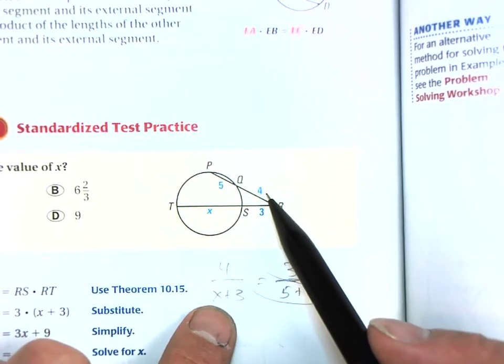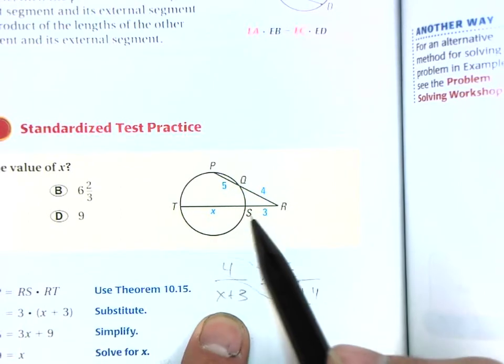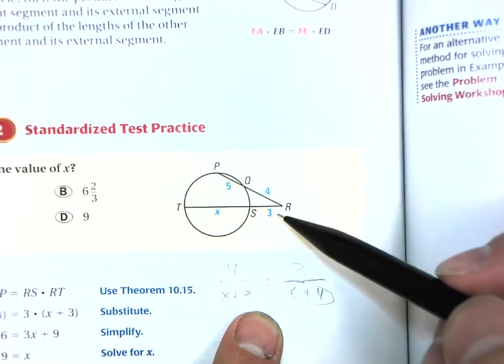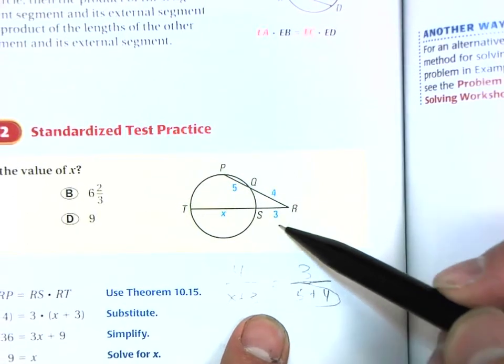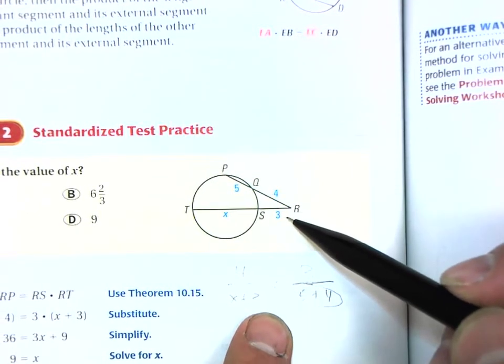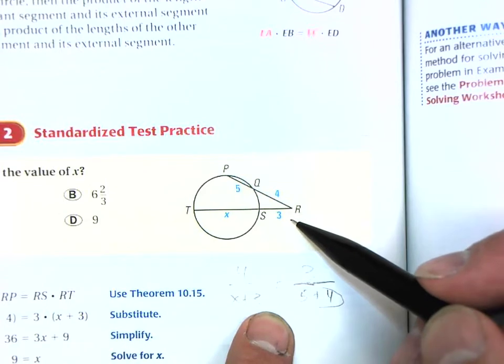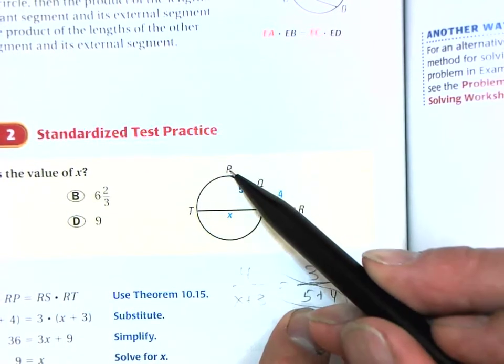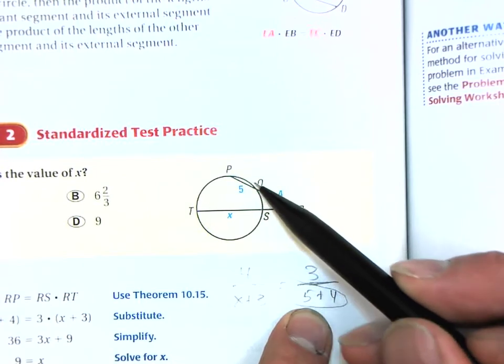So 4 over x plus 3, this entire length is x plus 3, equals, and here's the part, the external part segment of this secant, which is 3, over the whole of the other secant, which is 5 plus 4.